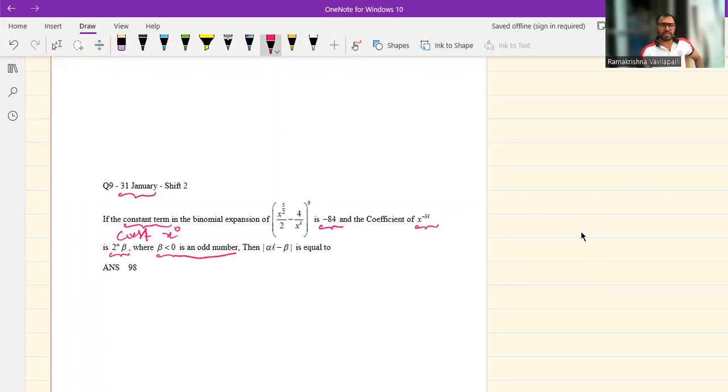So too many constraints are there. Then asking what is modulus of alpha l minus beta. This question also comes under a similar model. So here n is 9 and p value is 5 by 2. Q is l. I am assuming l greater than 0, right?